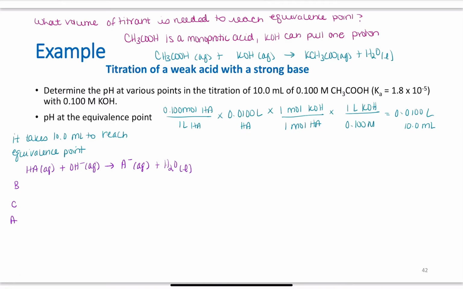So we do have to figure out the number of moles we have. For acid, I have 0.100 moles per 1 liter times 0.010 liters is 0.00100 moles, or 1 times 10 to the minus third.